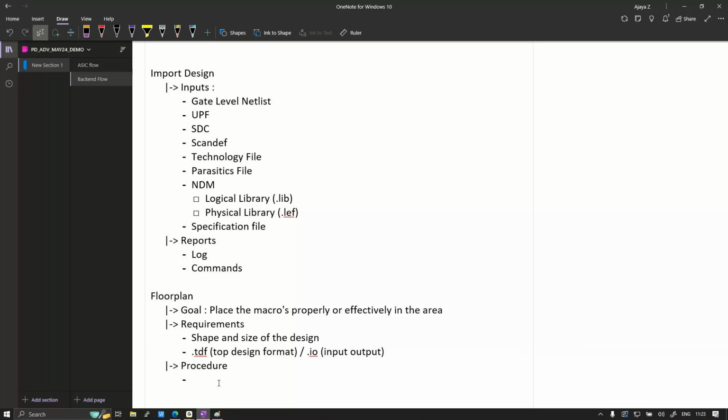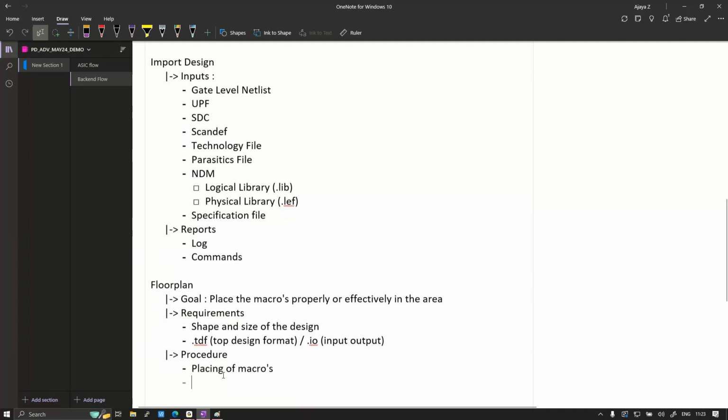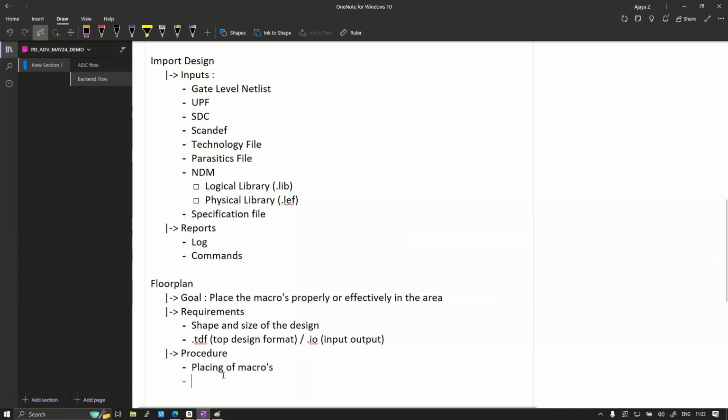Once the area and all these requirements are set, you will start with the placing of macros. For placing the macros, we have a certain set of guidelines. What those guidelines are, what we should follow and what not to follow, everything we will be discussing during our advanced sessions.